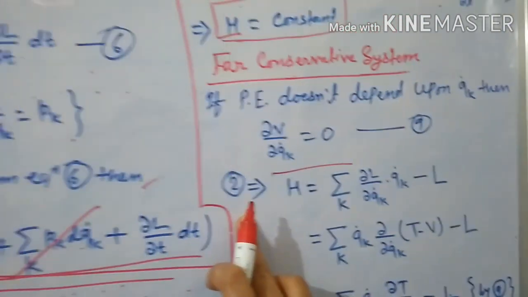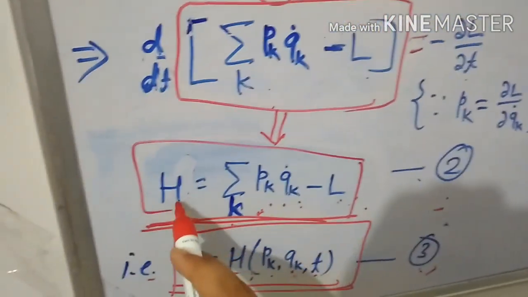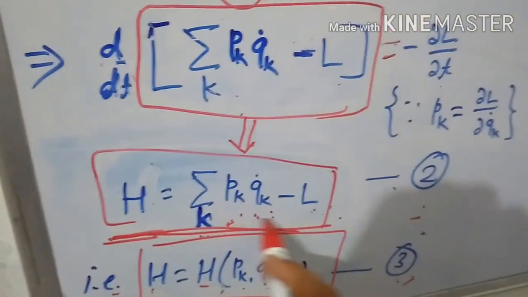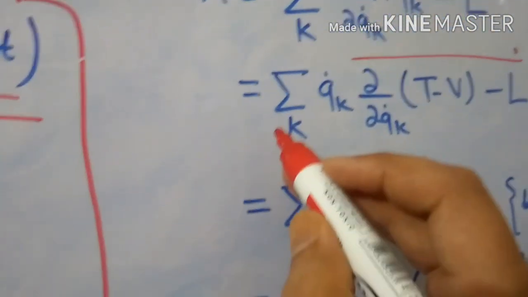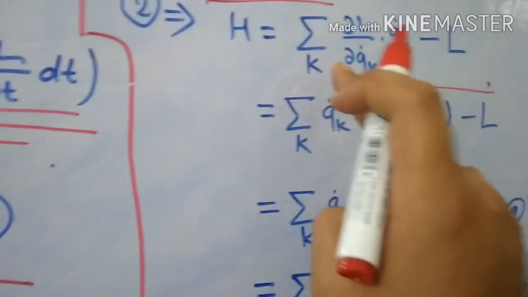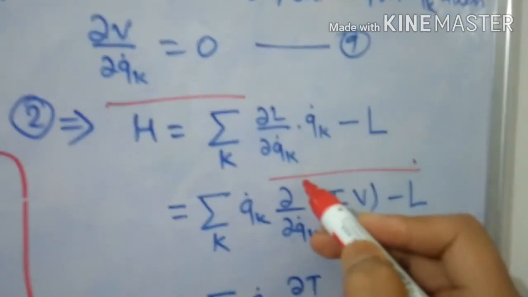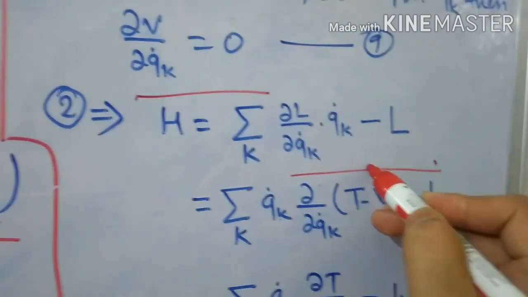So in equation number 2 we have H is equal to summation k pk qk dot minus L. So this implies H is equal to summation k ∂L/∂qk dot into qk dot. Why?